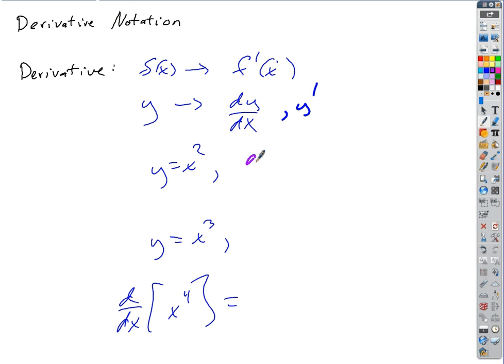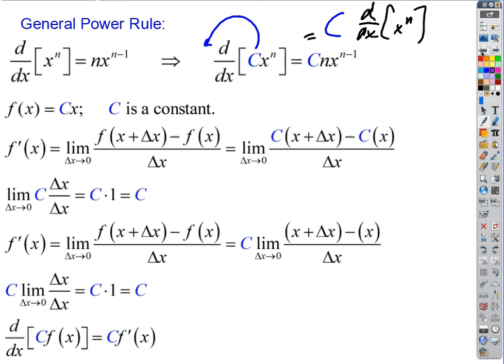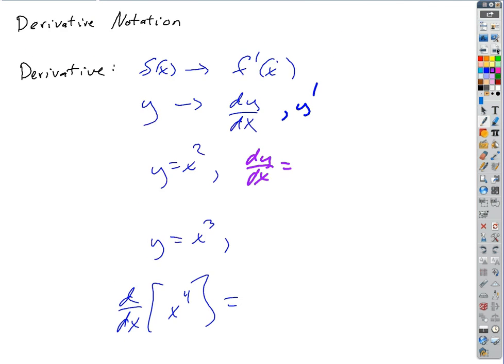Let's just say we're doing dy dx. What's my rule? The 2 goes down front, doesn't it, right? The n goes down front, and I subtract 1 from the exponent, right? So we just get 2 times x to the 1, 2x.